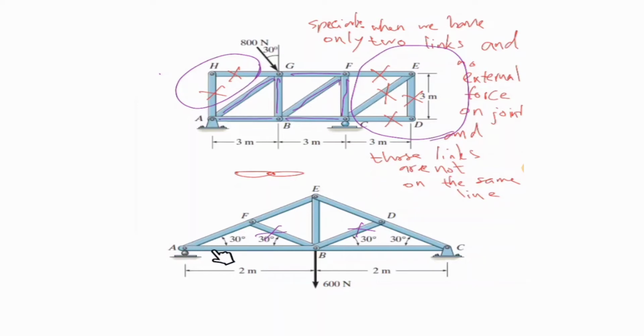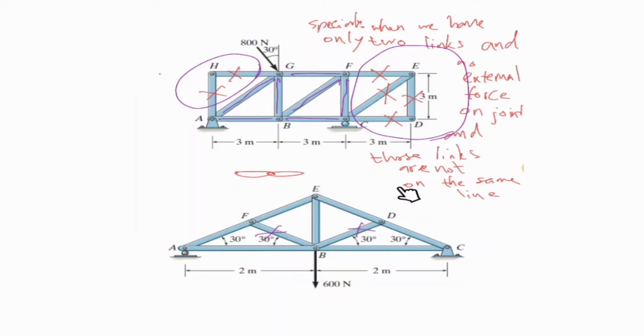Point A has 2 links, but we have external forces, then it's not a special case. Point B, we have 1, 2, 3 links connected to that, it's not a special case here. Point C, we have external forces, it doesn't give us any zero force member. We did this and we got a zero force member.